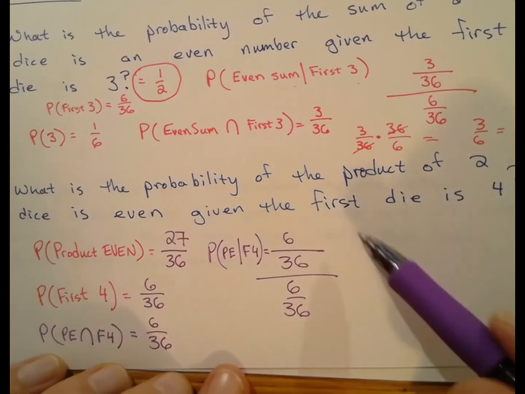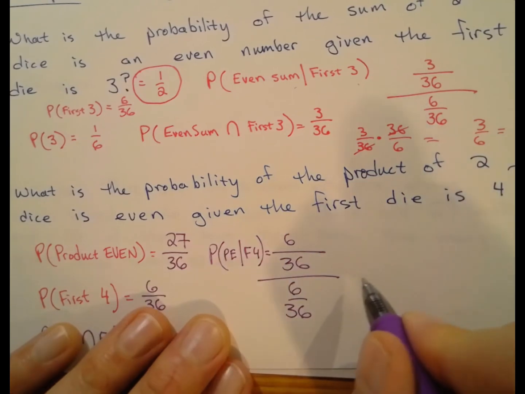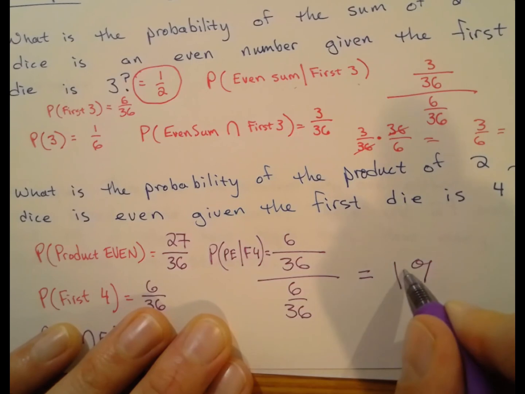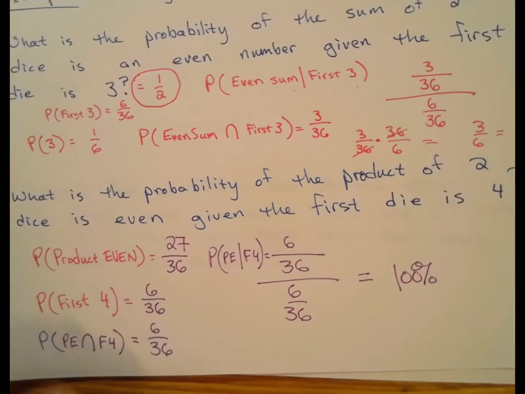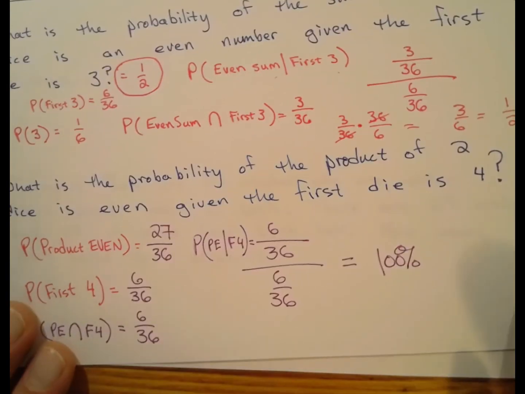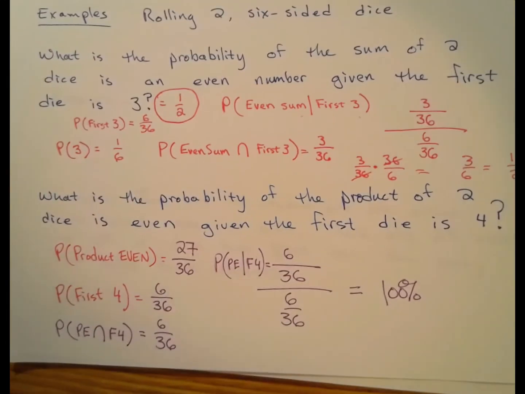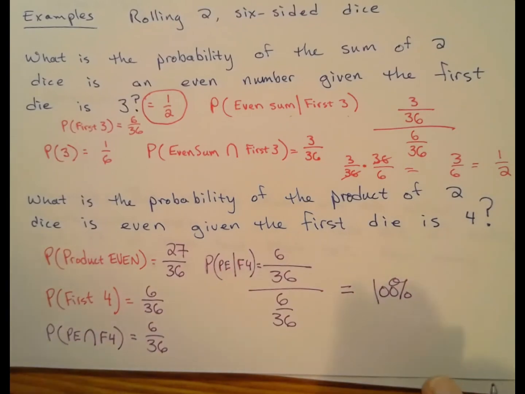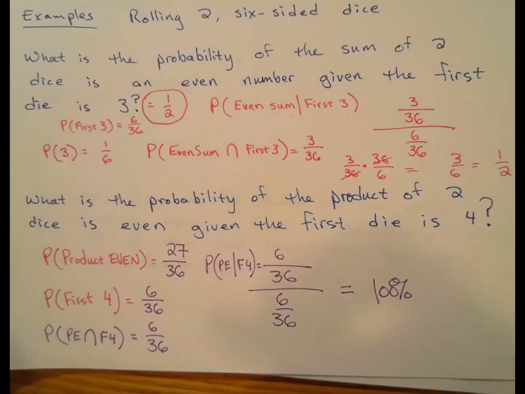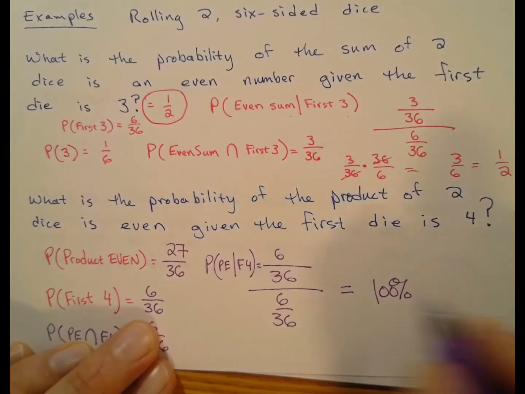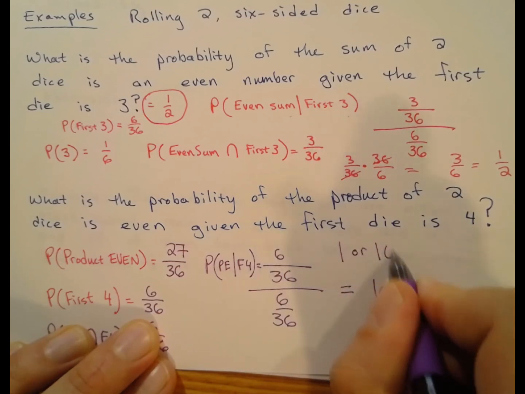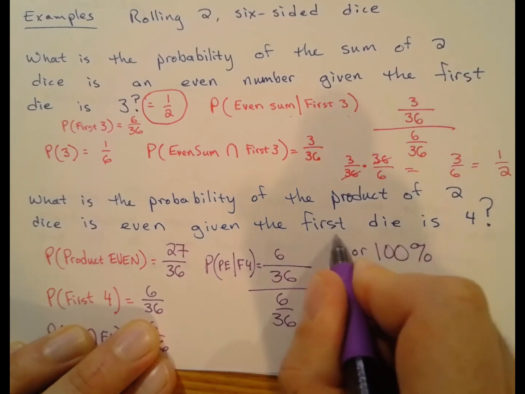Here we get the same fraction over itself, so that equals 1, or a 100% chance. Because if the first die is 4, 4 times any number is an even number. So that gives us 1, or 100% in percentage form.